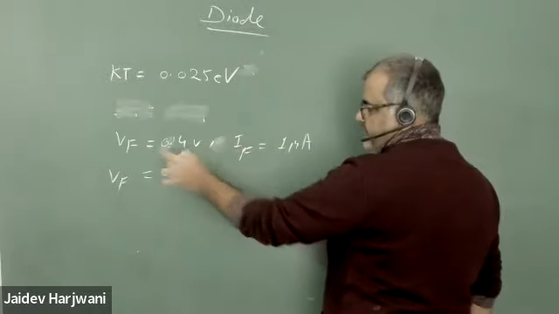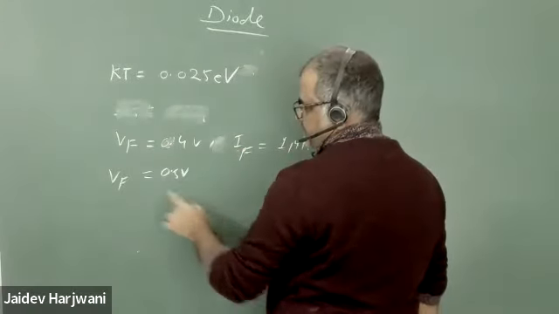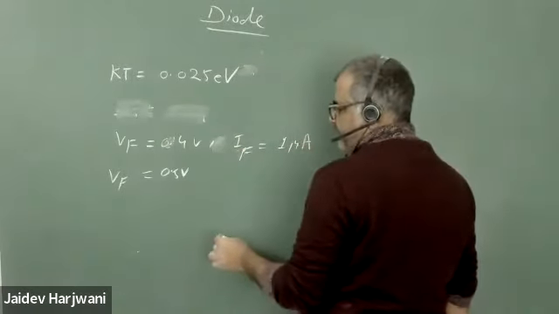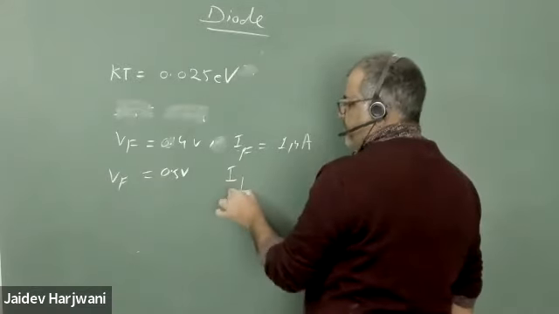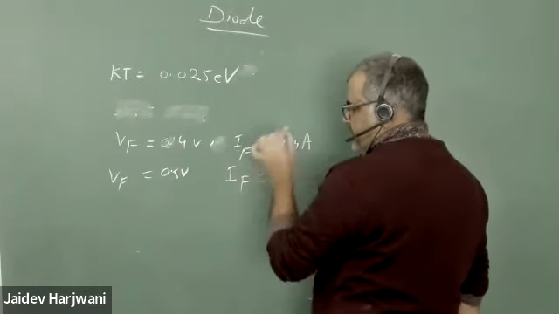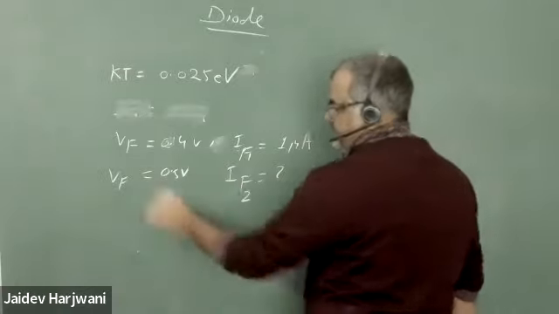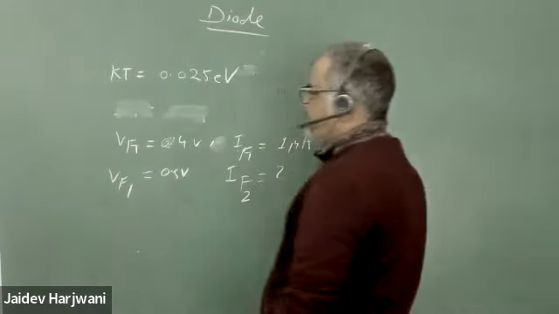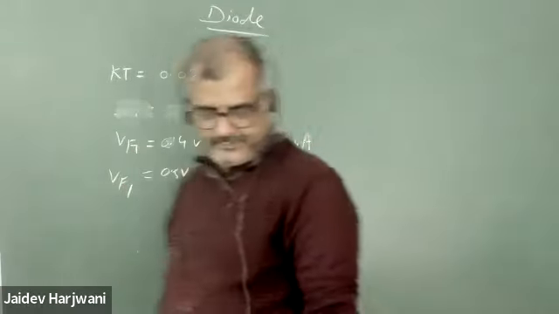When the voltage is this much, the current is this much. So when the voltage is 0.5 volt, what is the value of current? Say IF1, IF2. Calculate.